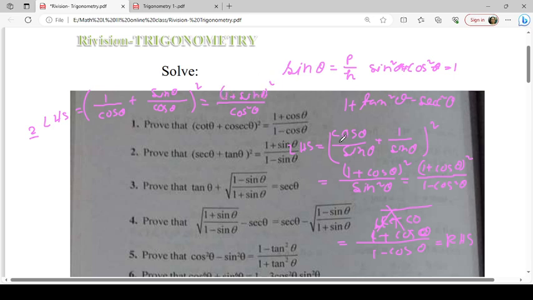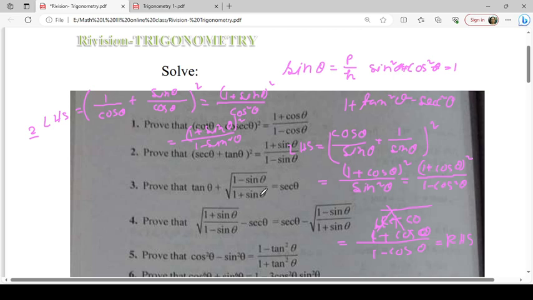Similarly, in this case it was sin square theta, so 1 minus cos square theta. Here we will write 1 minus sin square theta. It is 1 plus sin theta whole square. Same procedure. Then 1 minus sin theta into 1 plus sin theta, a square minus b square. So 1 plus sin theta cancels, remains 1 minus sin theta. Denominator is 1 minus sin theta and numerator is 1 plus sin theta.